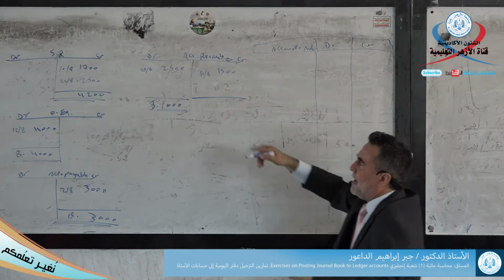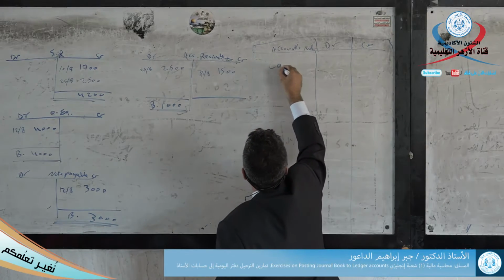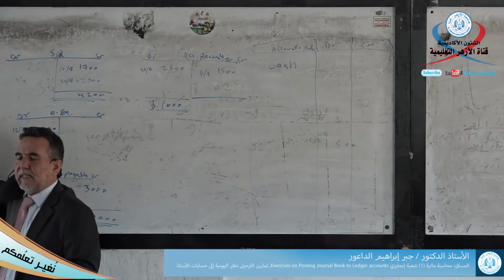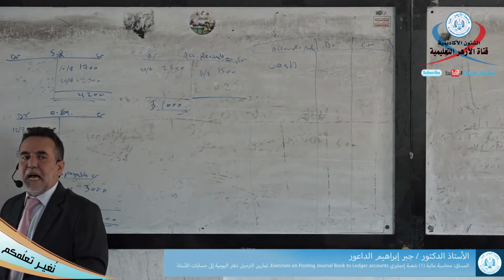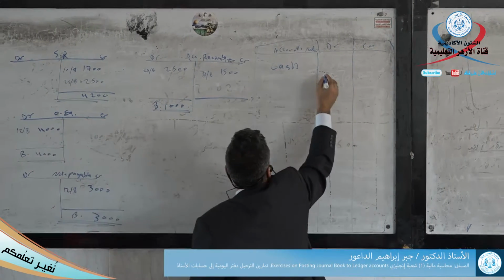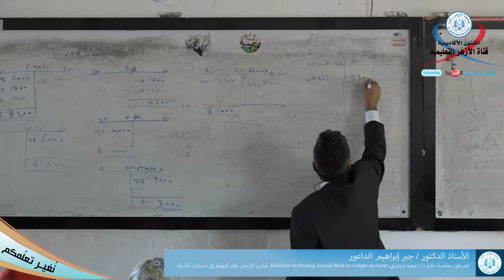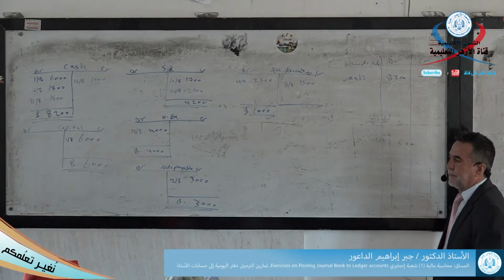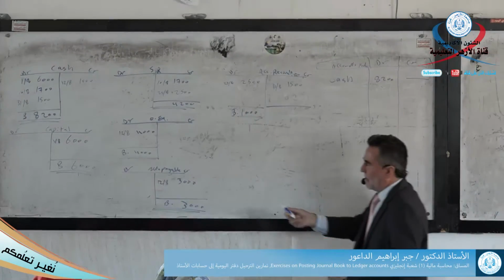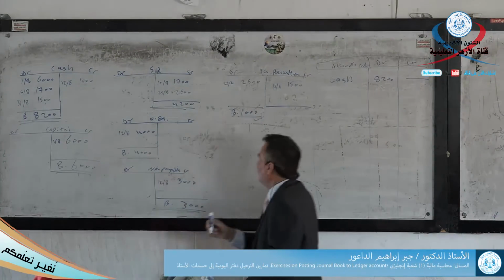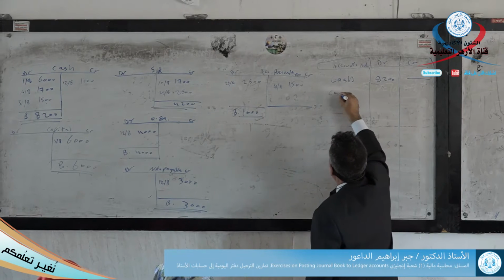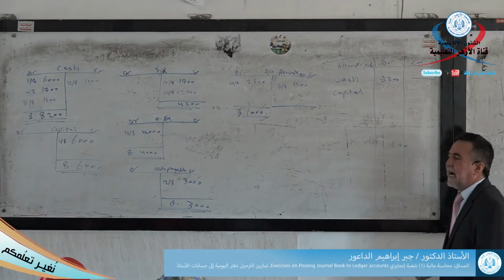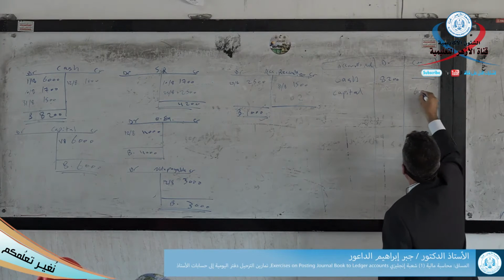So, first one, cash. Debit side, 8,200. Name. Capital. And a credit side, 6,000.